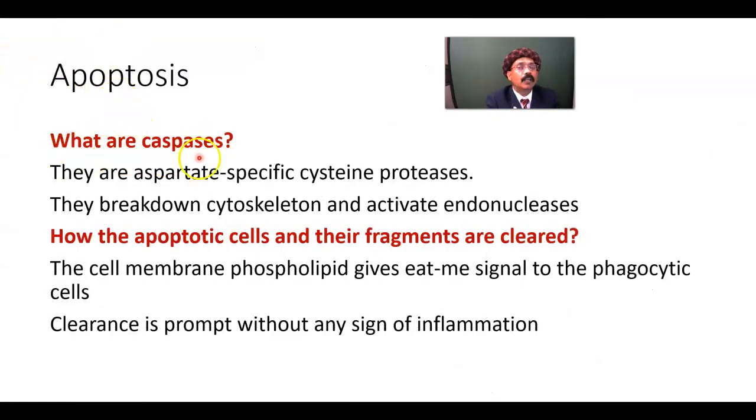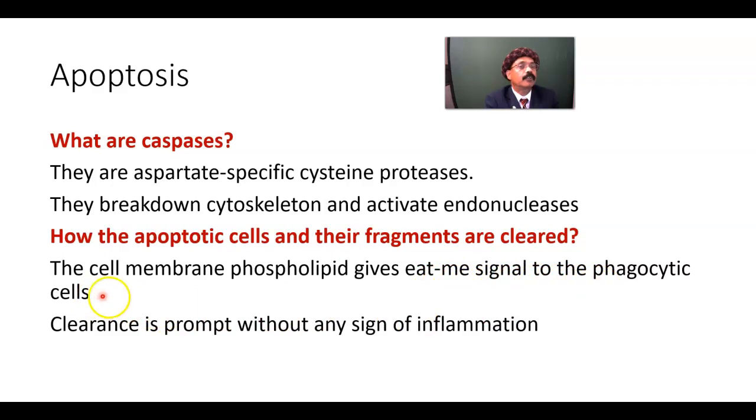What are caspases? They are aspartate-specific cysteine proteases. They break down the cytoskeleton and activate endonucleases. How are apoptotic cells and their fragments cleared? By phagocytosis. The cell membrane phospholipid is altered, its location is changed, and this gives an eat-me signal to the phagocytic cells.